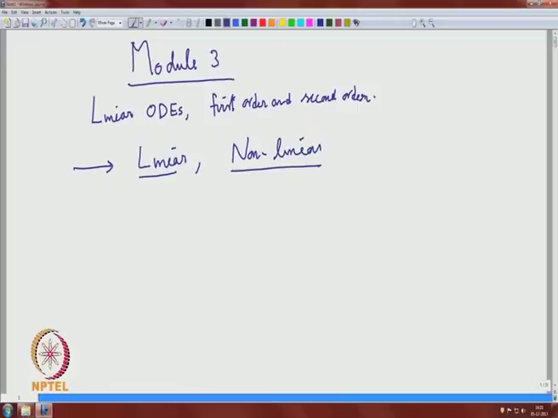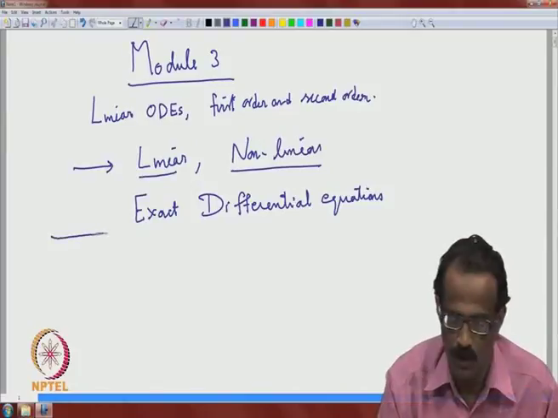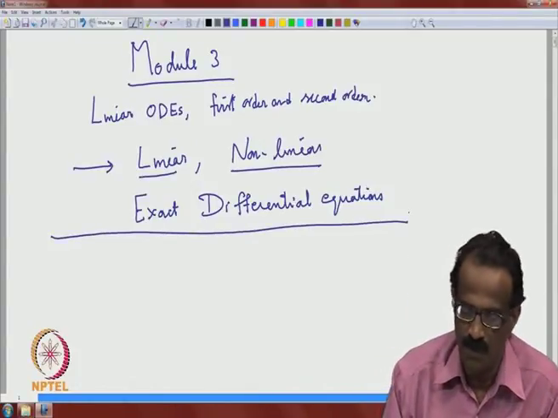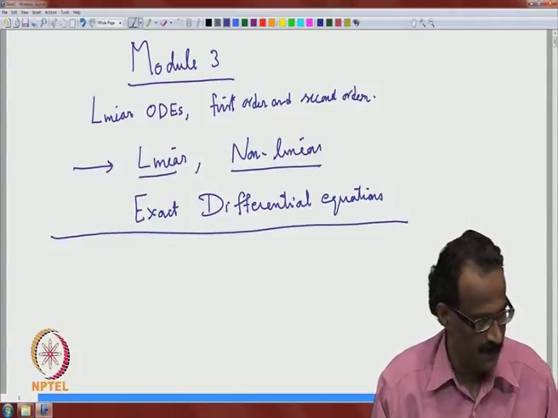When we discuss linear ODEs, we will also discuss what are called exact differential equations. This is the plan in this module. Maybe we will finish this module in 4, 5 or 6 lectures.